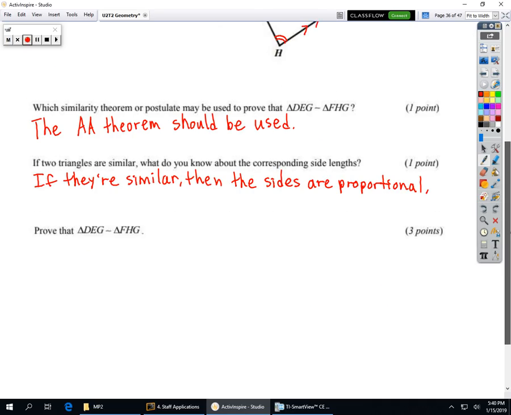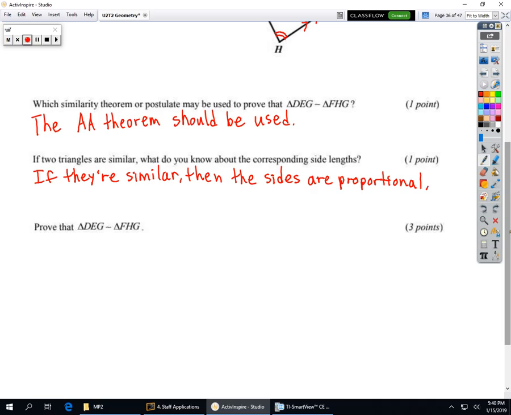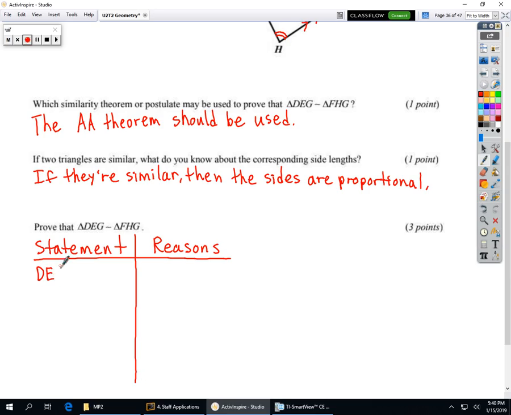So to write a proof, the first thing we need to do is talk about the givens. Statements, reasons. What we have been given here is that DE is parallel to HF.